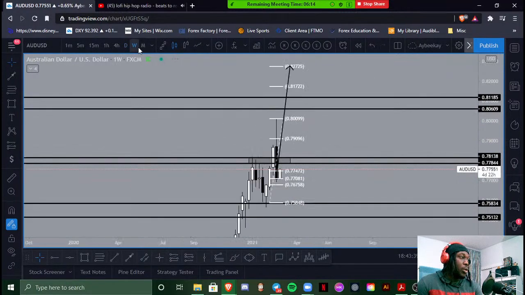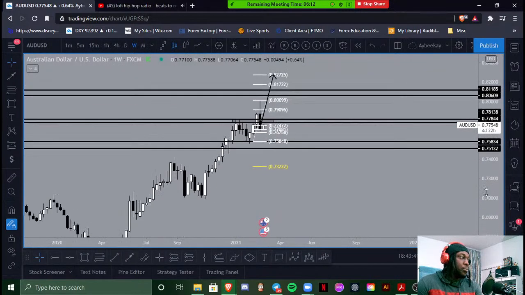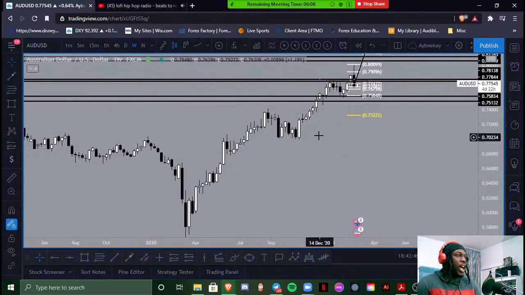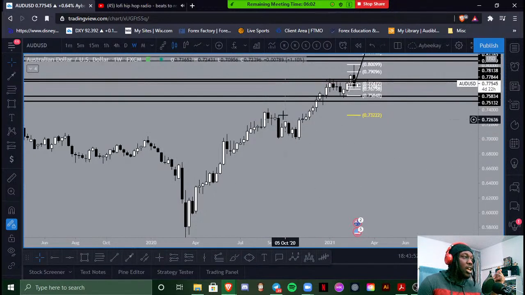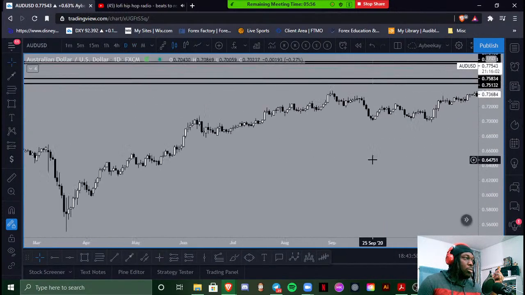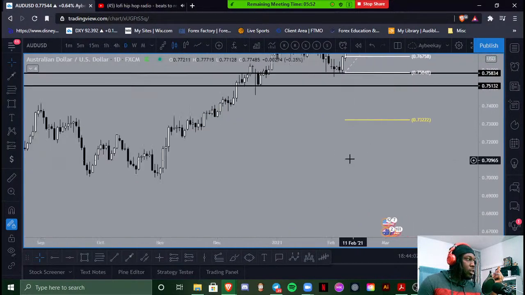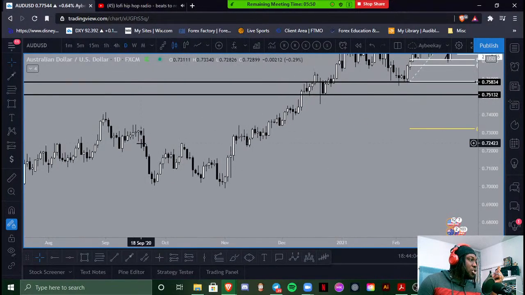AUDUSD has not been slowing down with the bearish move, and same thing with right here. I don't know how many of you guys remember when this was going on, but right over here, price started to show possibilities of slowing down and looking to sell, right?